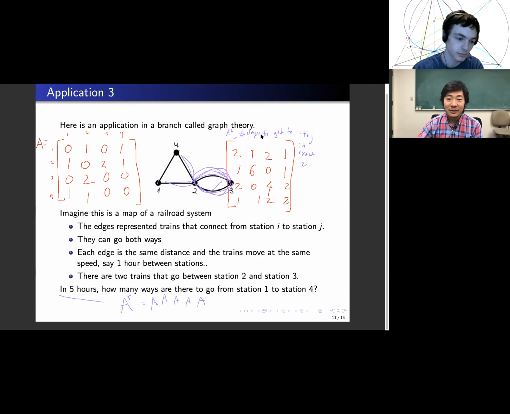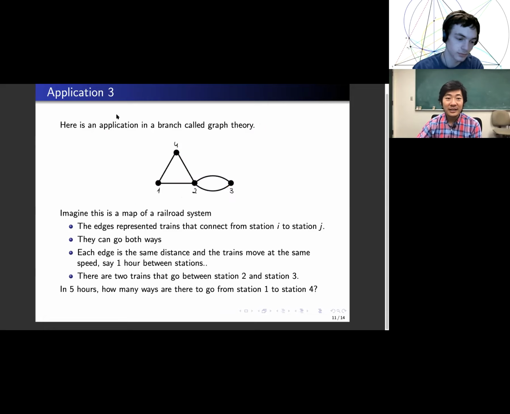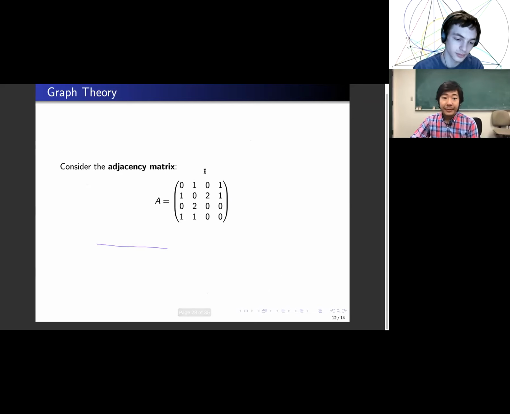And so for this system where we can go both ways, it'll give us a symmetric matrix. That is, if you noticed, that if you reflect this matrix about here, right, then it's the same thing, right?